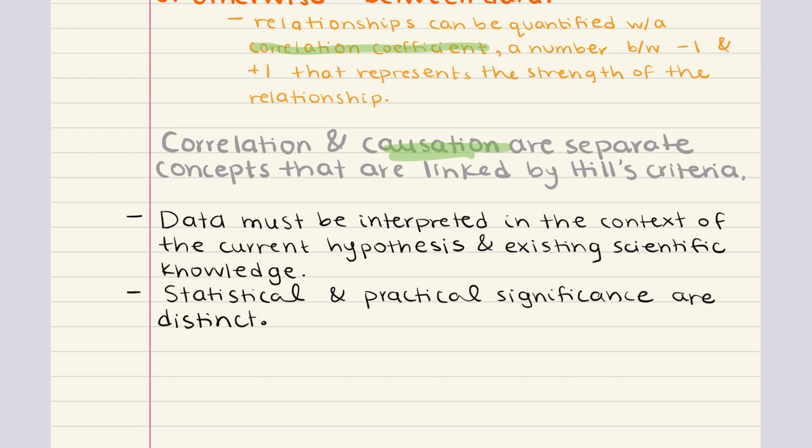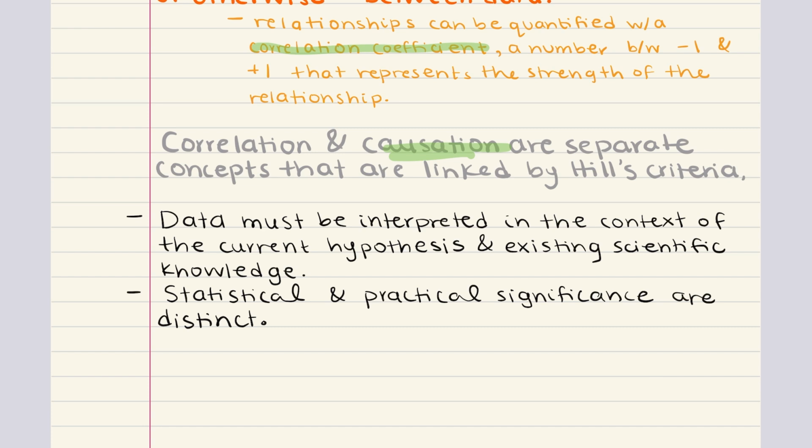For example, there might be a strong correlation between ice cream sales and drowning incidents, but this does not mean eating ice cream causes drowning. Instead, a third variable like hot weather might influence both. To determine causation, we turn to Hill's criteria, which provides a framework for evaluating whether a causal relationship is likely.